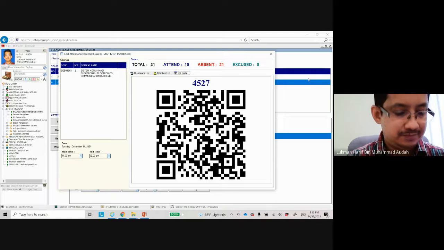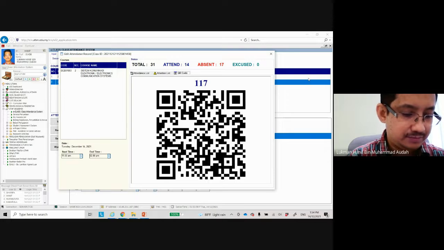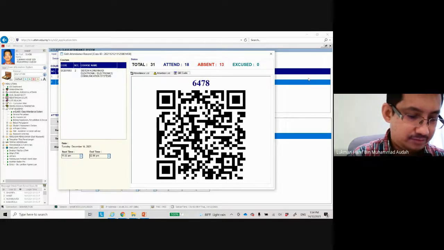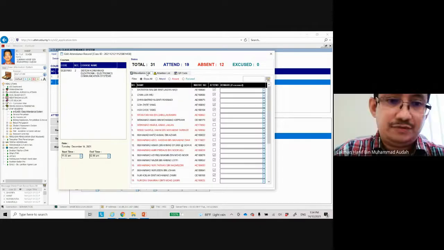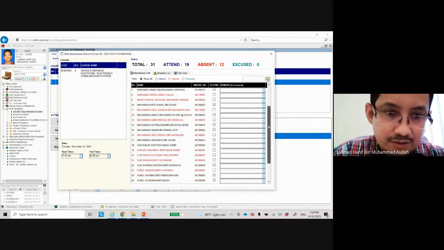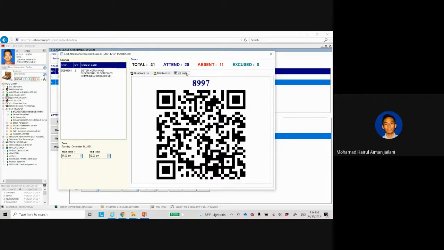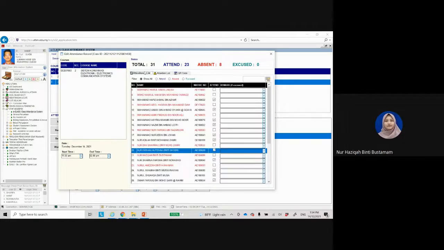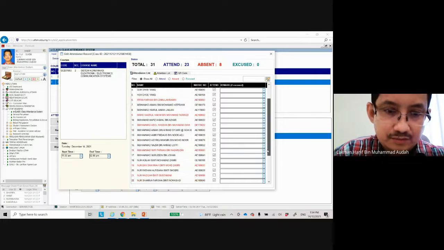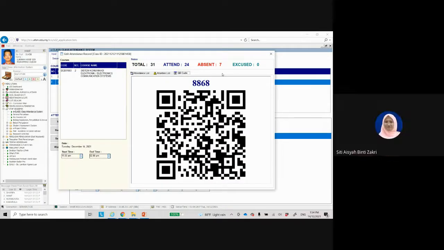Doktor, saya tak boleh scan. Nama siapa? Nur Fatiha. Okay. Terima kasih, Doktor. Siapa? Nur Hazika. Nur Hazika, okay. Siapa lagi? Doktor, Siti Aisyah.